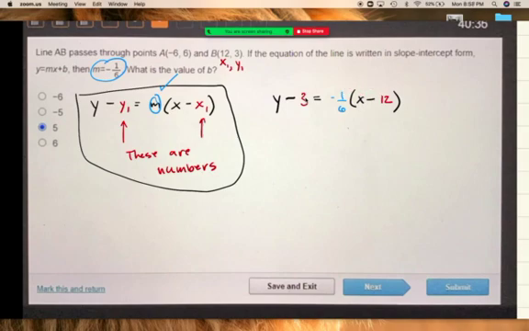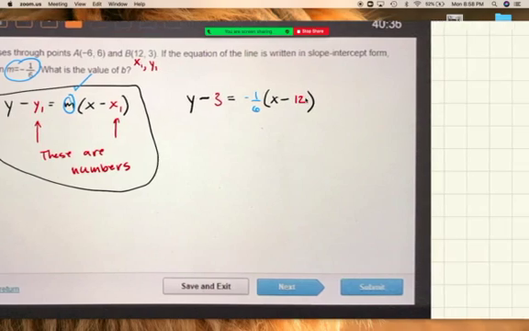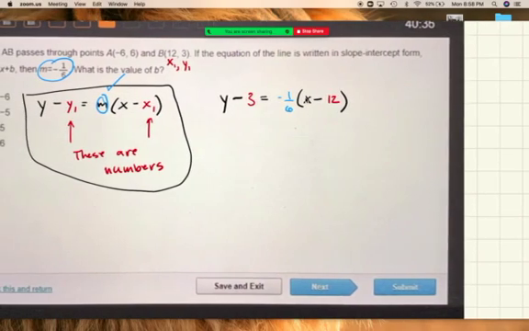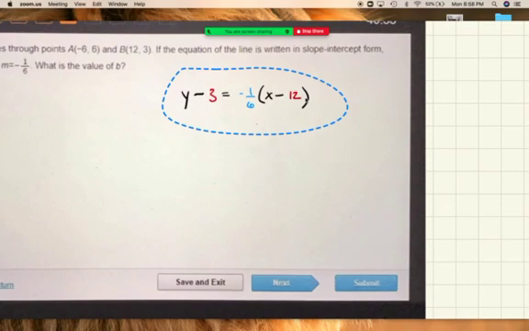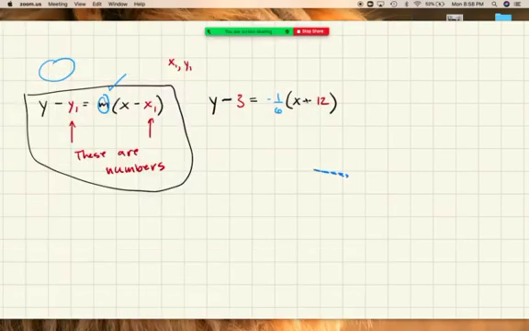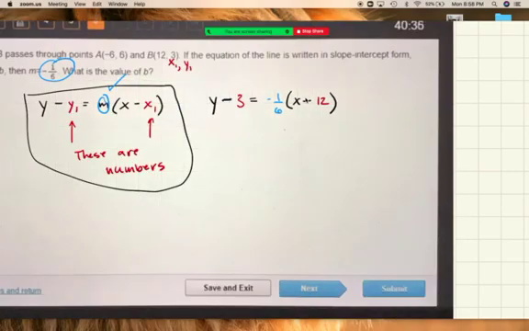So what I'm going to do is I'll take the negative 1/6 times x. So this will still be y minus 3. I'm just going to copy that down. Negative 1/6 x, you just write them right next to each other.